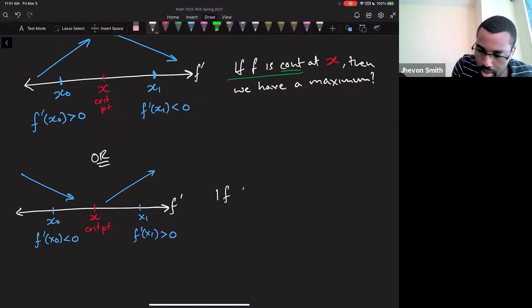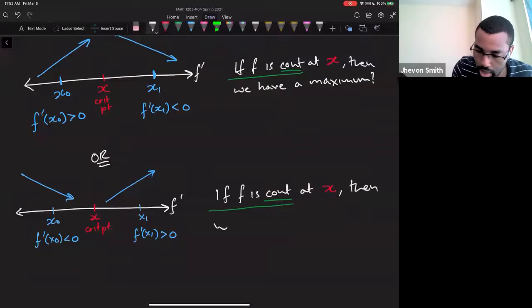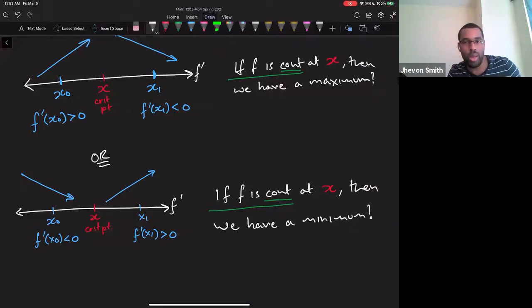So if f is continuous at that X, then we have a minimum. Right? If it's not continuous, you have nothing.